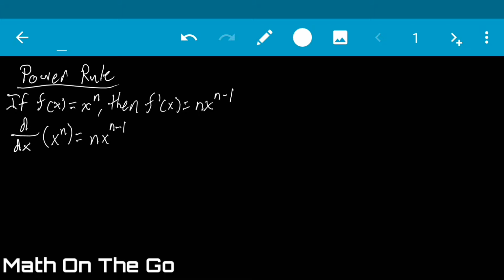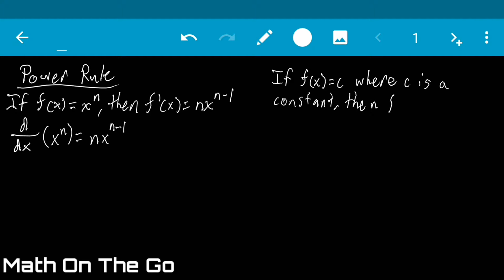And also, before we get started with any examples, let's look at doing the derivative of a constant. So if f of x equals c, where c is a constant, then f prime of x equals 0.